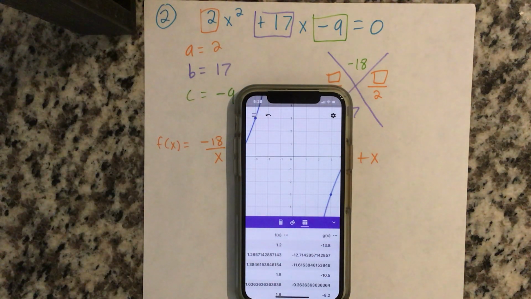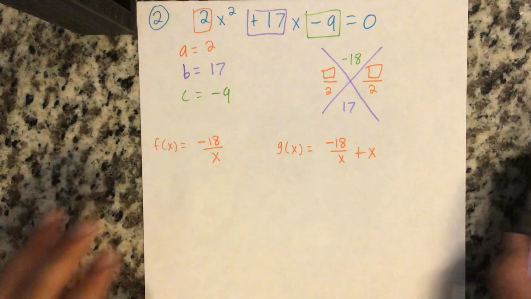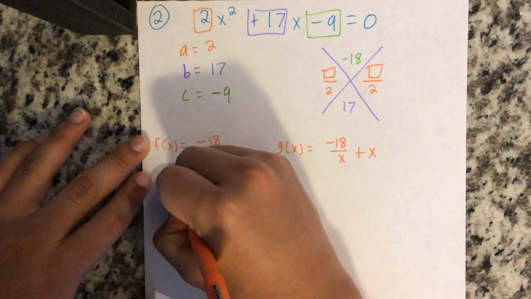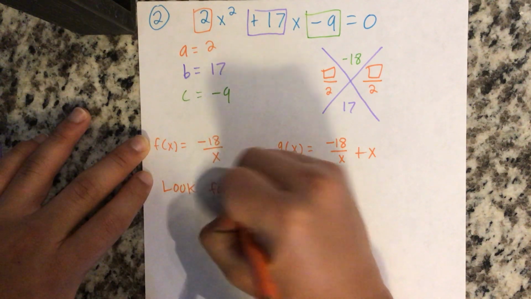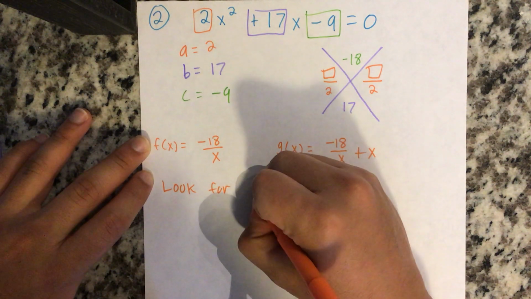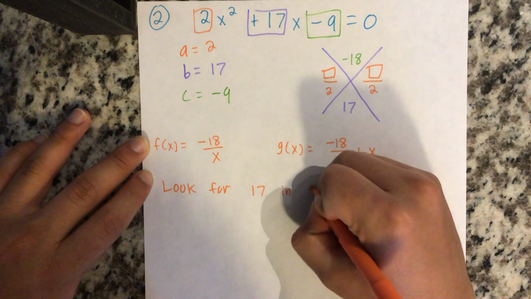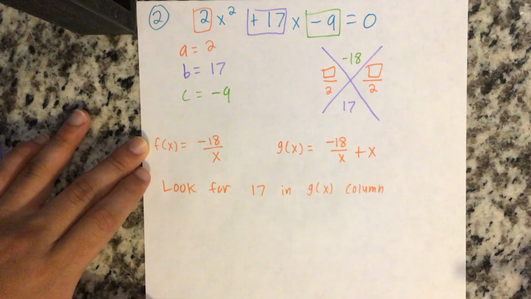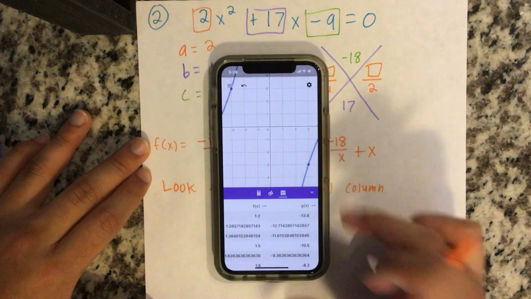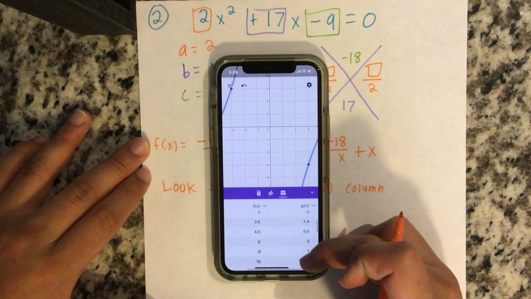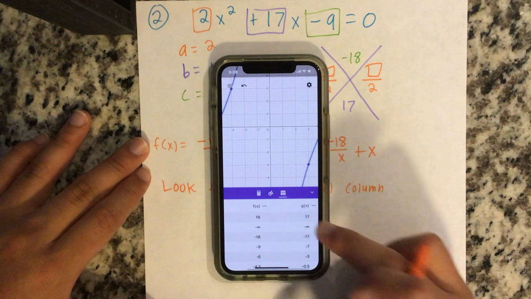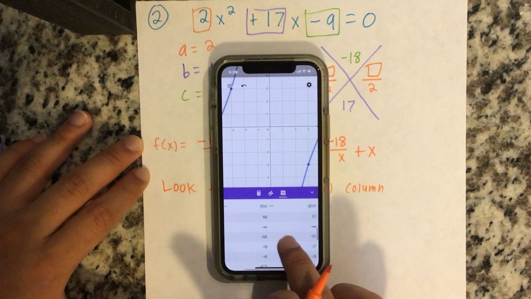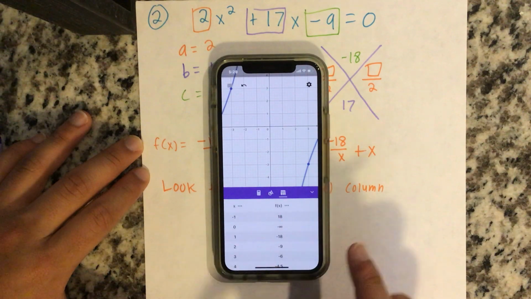So, now again, I know it's kind of repetitive. We need to look for the b value. So I need to look for 17 in the g of x column. So I go to g of x, and scroll until I find 17. So 17, I care about these two values.